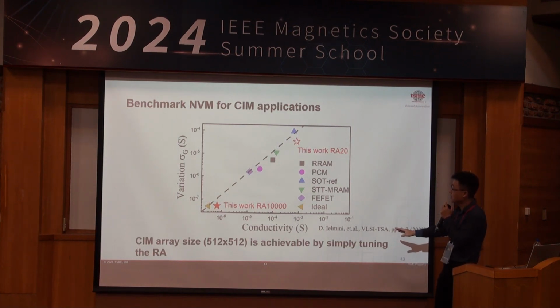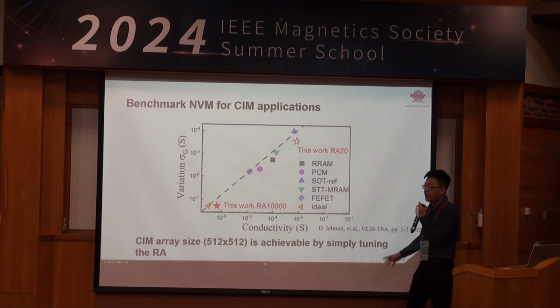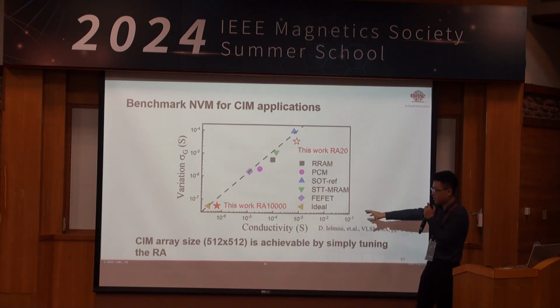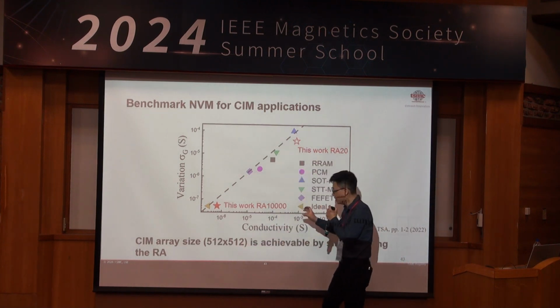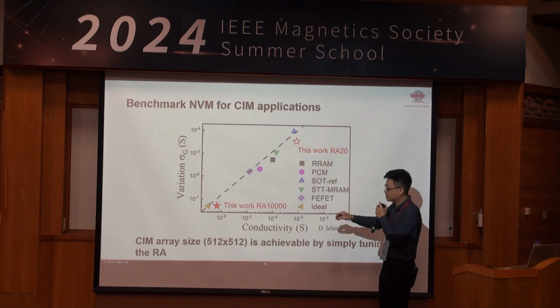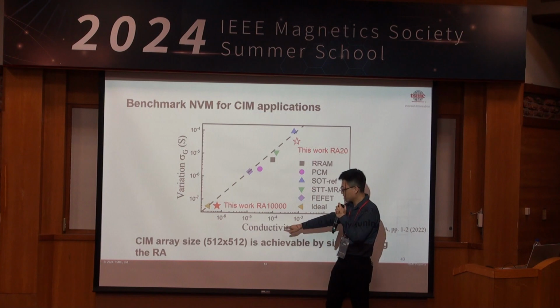This was one of the papers by Professor Yomini. They are working on the CIM, and in this paper, I just take the conclusion. If you want to do the cumulative current, and you want the array size to be larger, then you need to push the resistance, or I would say you need to minimize the conductivity.